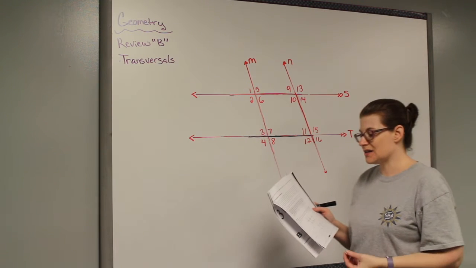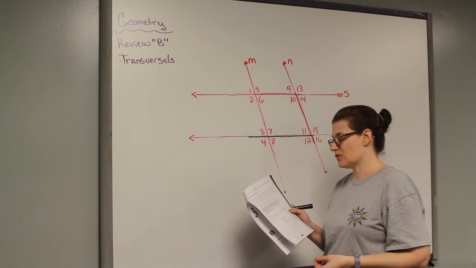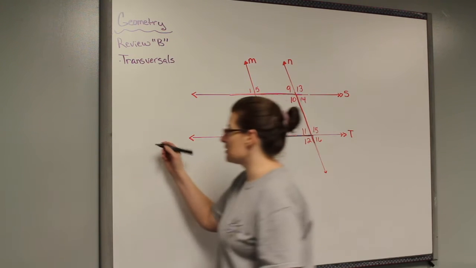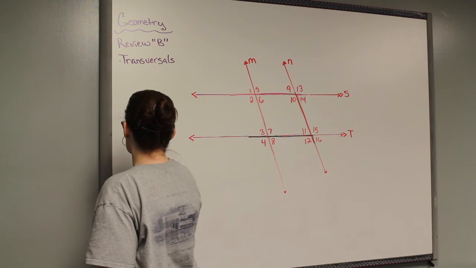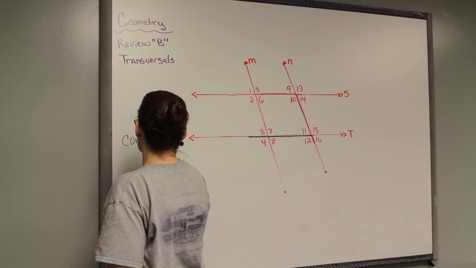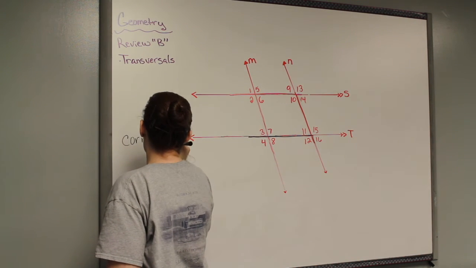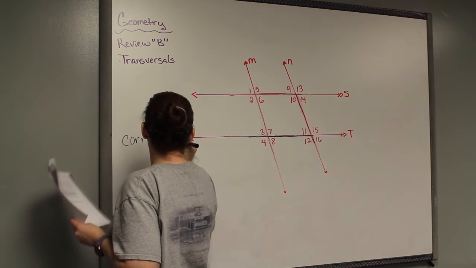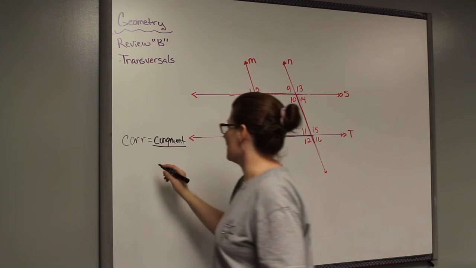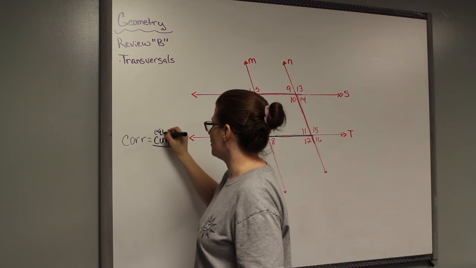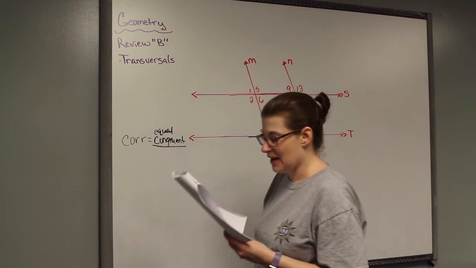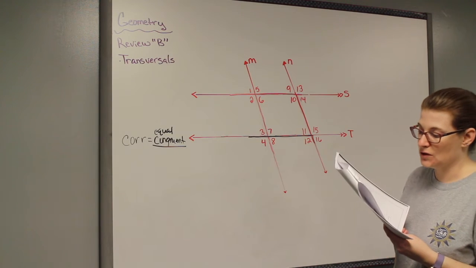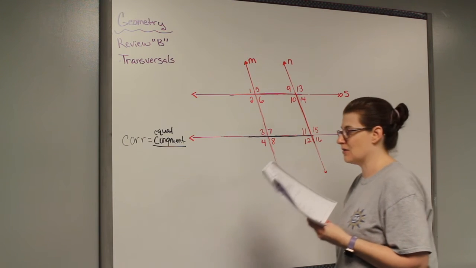So the first one says if two parallel lines are cut by a transversal, then corresponding angles are congruent. So corresponding is congruent, which means they're equal to each other. And then the next one says theorem, if two parallel lines are cut by a transversal, their alternate interior angles are congruent.